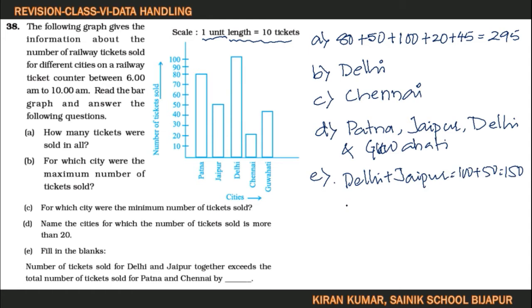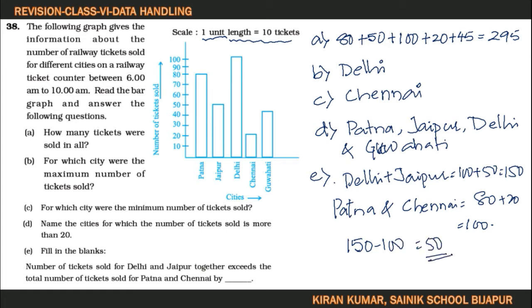The number of tickets sold for Patna and Chennai, it is 80 plus 20, which is 100. So how much it is exceeding? It is exceeding by the difference here, it is 50. So it exceeds by 50 tickets.